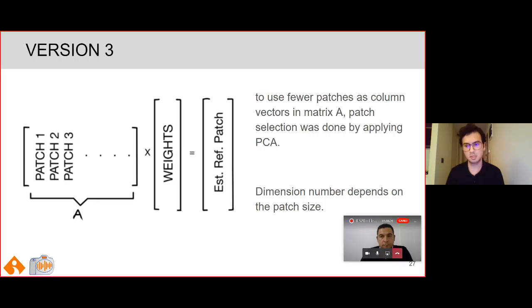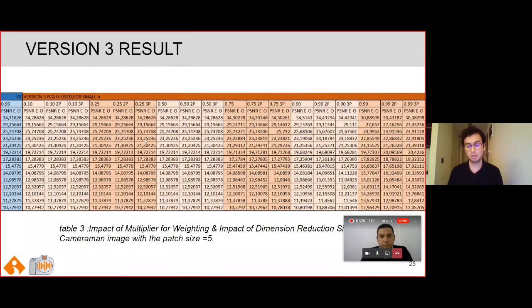And I know this is a very crowded table, but it's good to see the different parameters to reveal the relationship between them. You can see the version 2 results here, and the orange ones are the version 3 results. Again, we are using different multipliers for the thresholding about the weighting of the patches after the PCA.